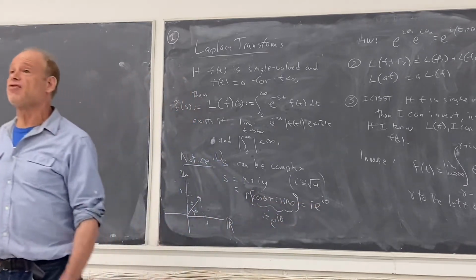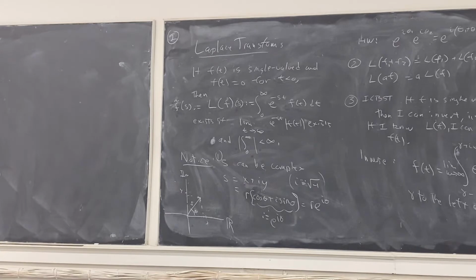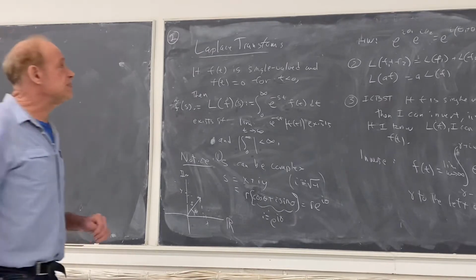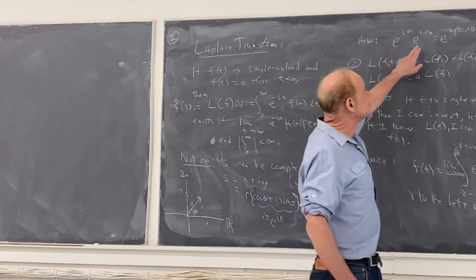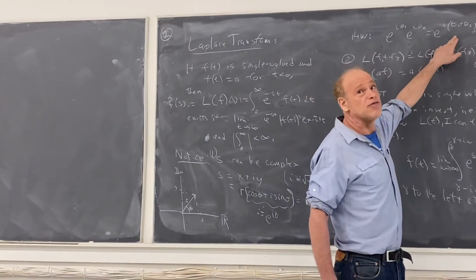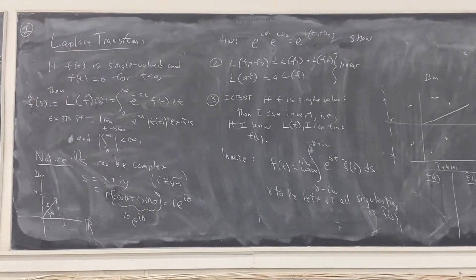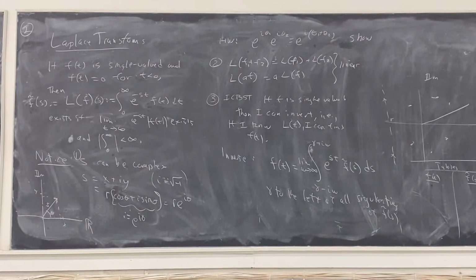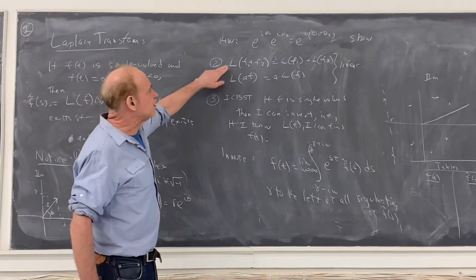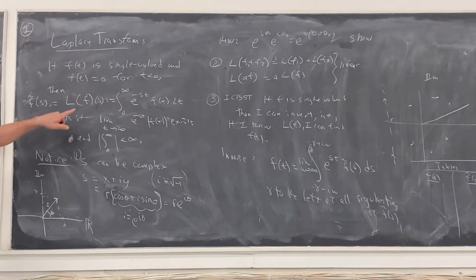In fact, it's the only definition of e to an imaginary number that is consistent with what we know about e to the x. In particular, that e to the i theta 1 times e to the i theta 2 is e to the i theta 1 plus theta 2. No other definition works.